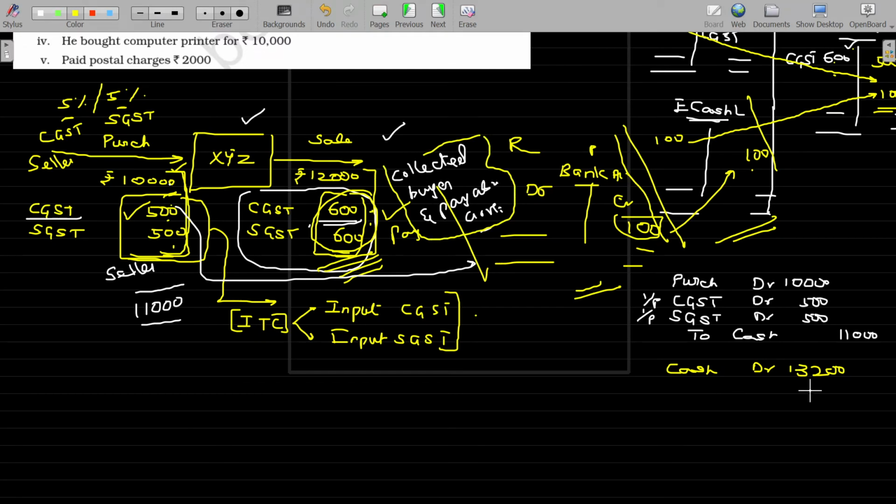So while collecting, cash account debit 13,200, out of which my share, sales only, is 12,000 rupees, central government share CGST 600 and state government share SGST 600 rupees. And don't forget to finally adjust this. I can differentiate this tax as output CGST. Is that okay?